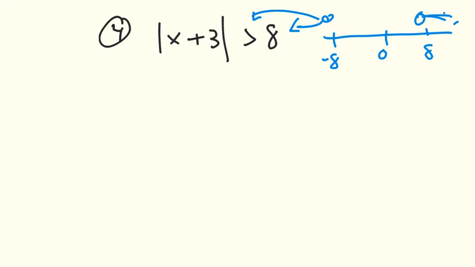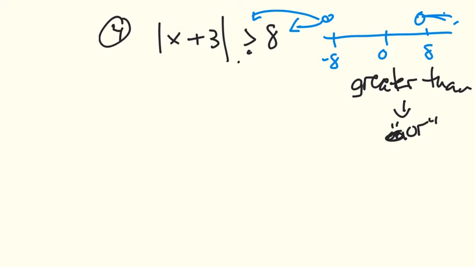So anytime you see greater than like this, that translates into an OR compound inequality. So we've got that x plus 3, whatever's in there, that expression, is either going to turn out to be less than -8, or x plus 3 is going to turn out to be greater than +8.